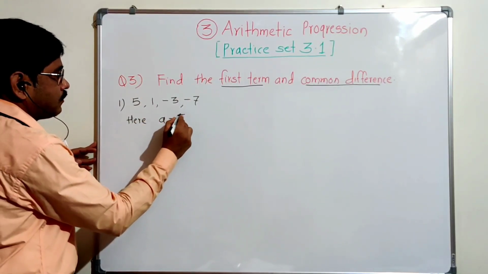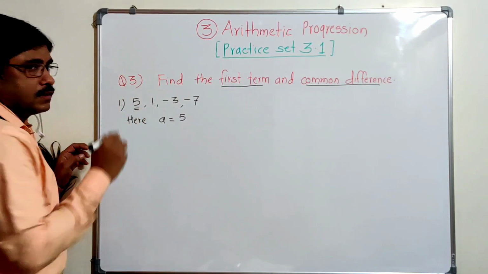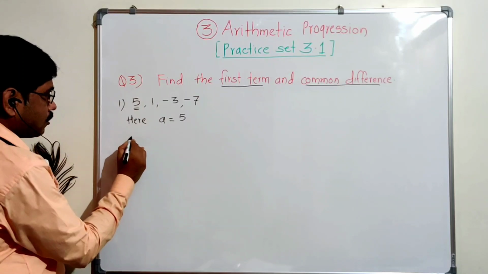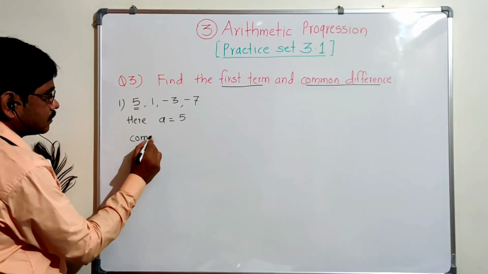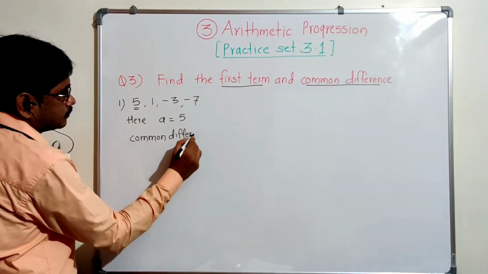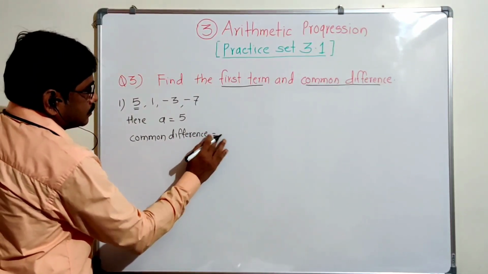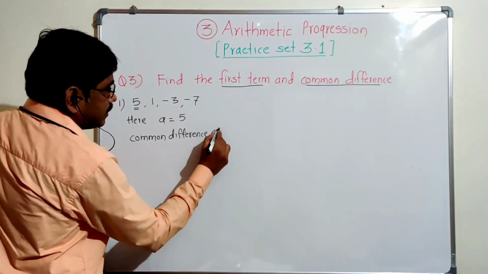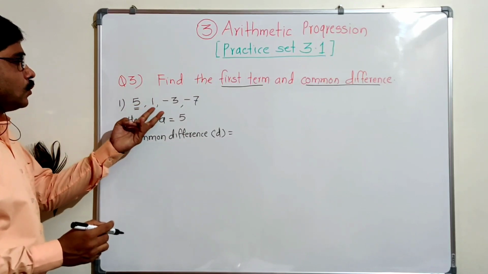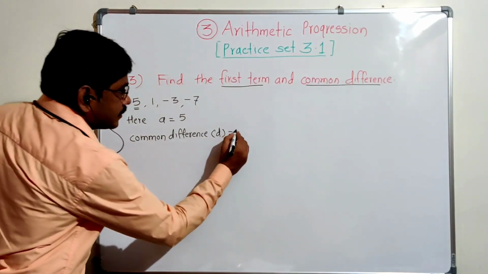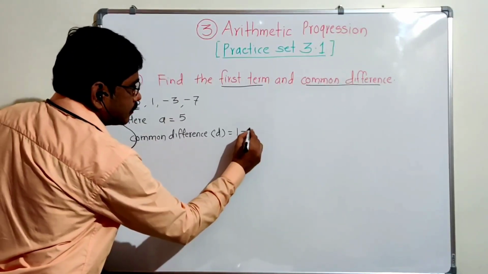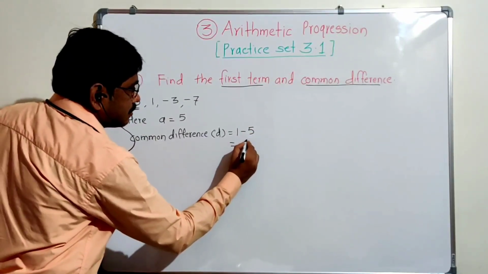So here A is equal to 5. The first term T1 is A and D is the common difference. D is equal to the difference between any 2 consecutive terms, that is 1 minus 5. 1 minus 5 is minus 4.